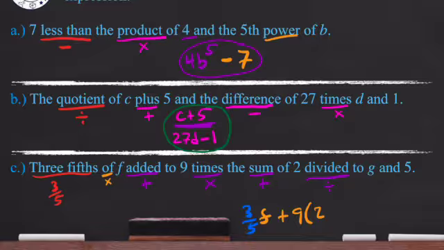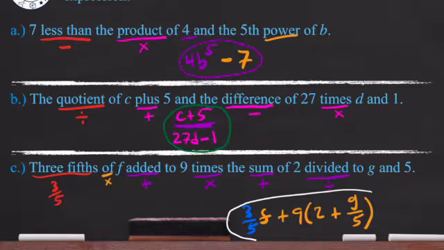Okay, so we have the sum of 2 being divided by g and 5. Basically we are finding the sum, and then we are going to have a division of g and 5. So add g and 5. And we need to close that parenthesis.